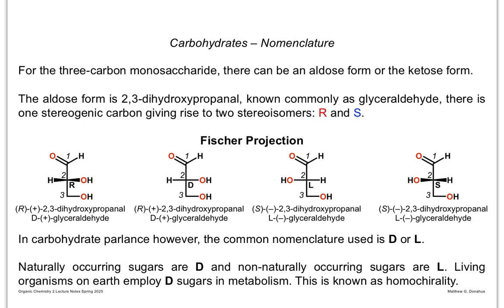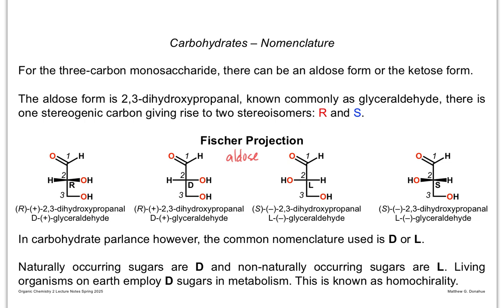Shown in the middle here are the aldose forms. Another way of saying this would be aldotriose. That tells you it's an aldehyde, it's 3 carbons, and it's a sugar.